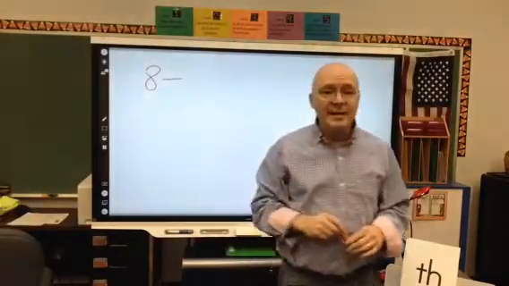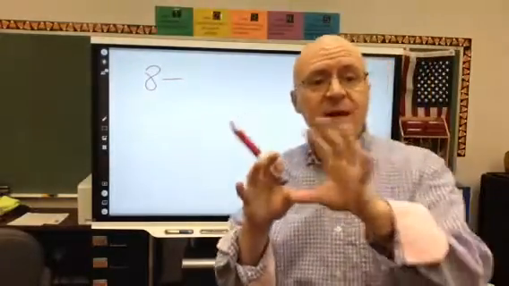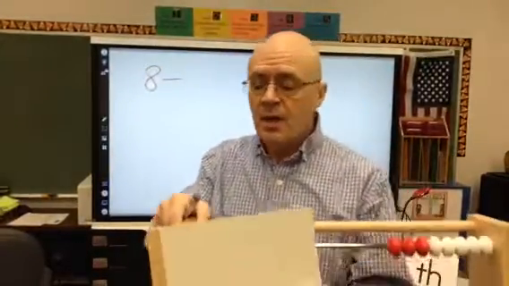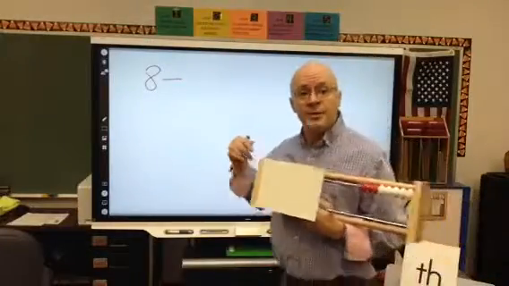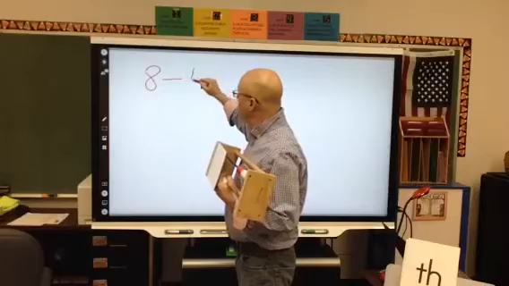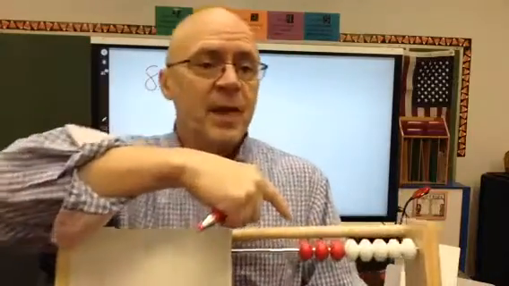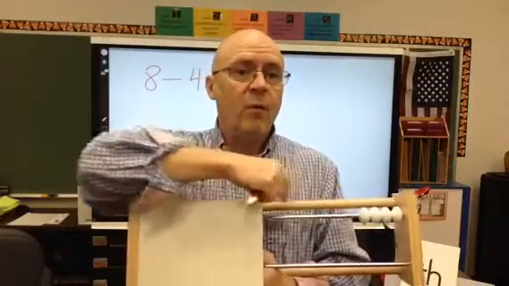Now when we subtract, we use a minus sign. Minus means we start with 8 things and we're going to take a certain amount away. Let's take away 4 things. So when you write a subtraction problem, the second number is how many you're taking away. So I have my 8 things here, and I'm going to take away 4. 1, 2, 3, 4.